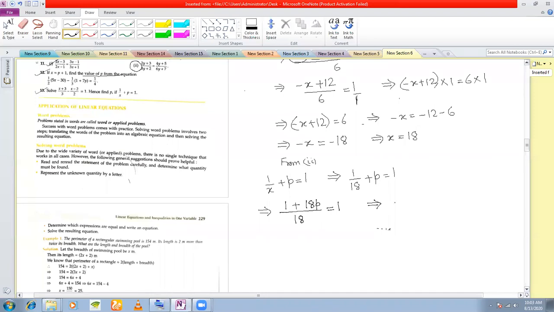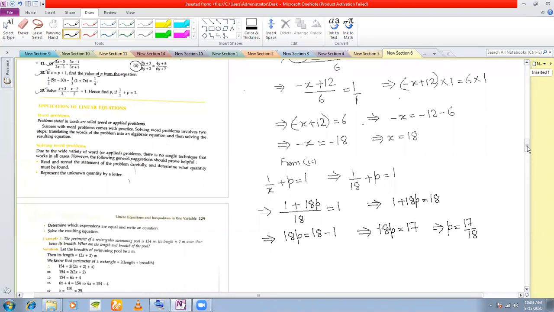Now you cross multiply. 1 + 18p is equal to 18. That means 18p is equal to 18 − 1, so 18p is equal to 17. That means p must be equal to 17/18.